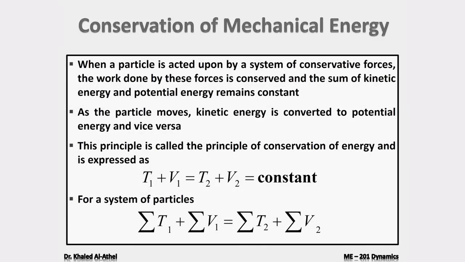Basically, when a particle is acted upon by a system of conservative forces and only conservative forces, then the work done by these forces is conserved, and the summation of the kinetic and potential energies should be the same. Now, this means that the principle of conservation of energy works only if you have spring and weight, or one of them. It doesn't have to be both.